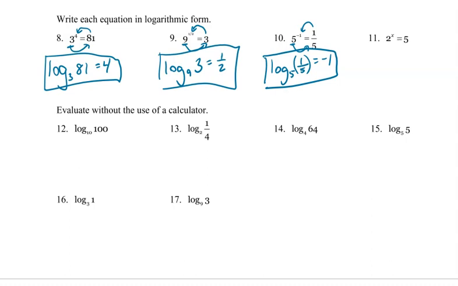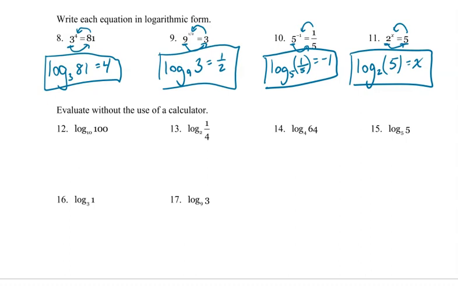And then we're going to do our last one. So our last one is the same as the question that we couldn't answer. So 2 to the x equals 5. So let's rewrite it. It's going to be log base 2 of 5 equals x. And we've actually solved for x.